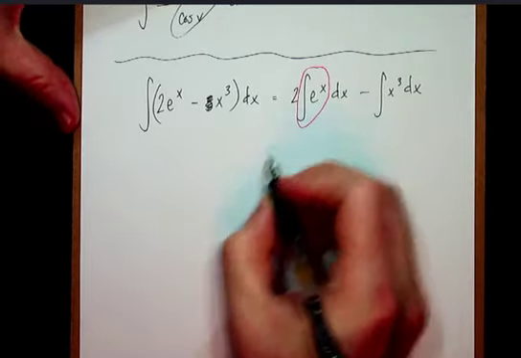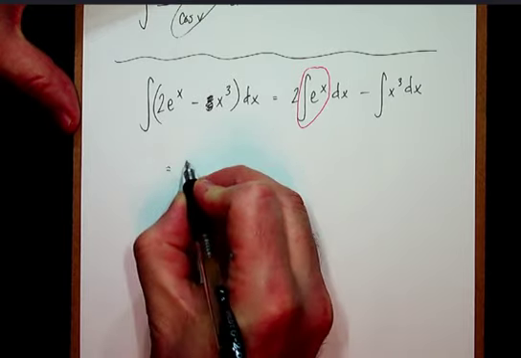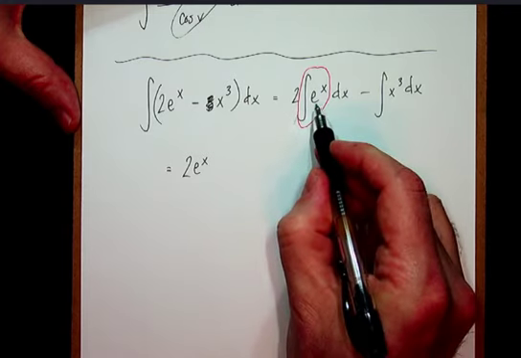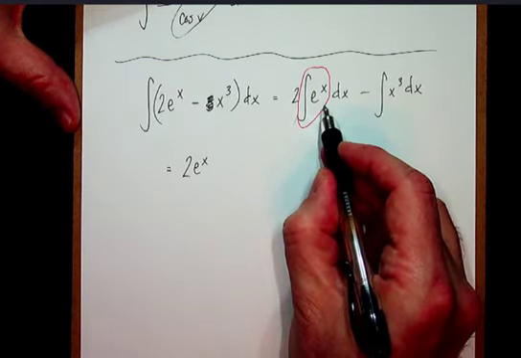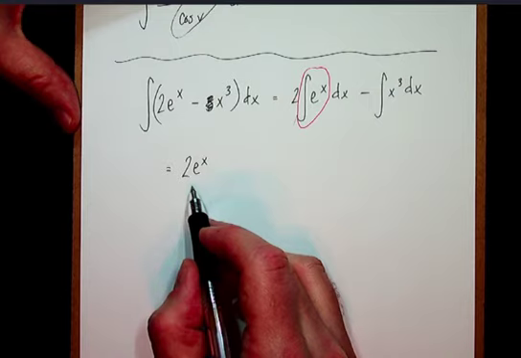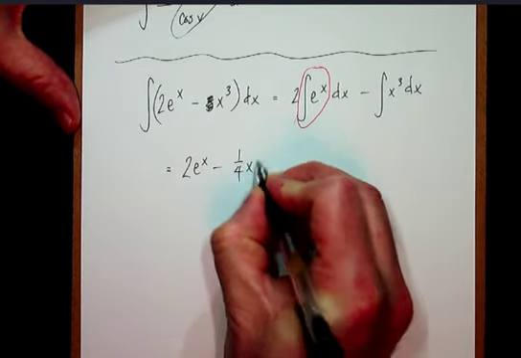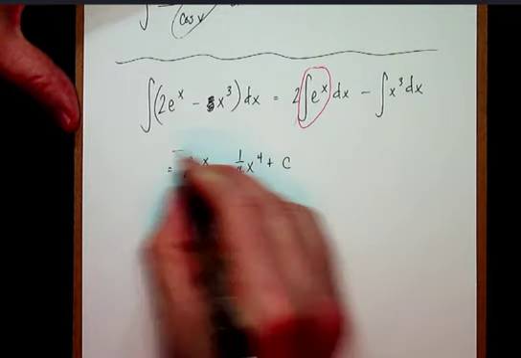And so what happens here is you're going to get 2e to the x, because if this integral is asking you what is e to the x the derivative of, the answer is e to the x. And then this x cubed becomes 1/4 x to the 4th and then plus c. Okay.